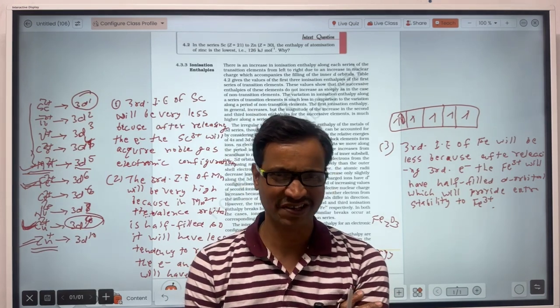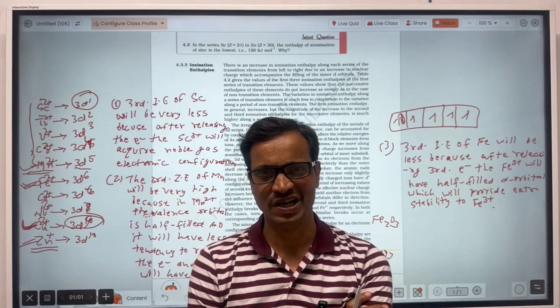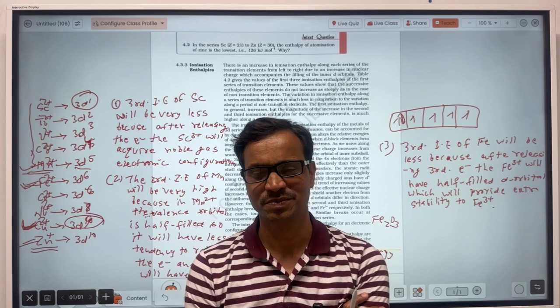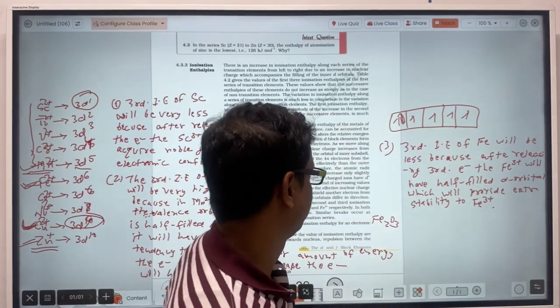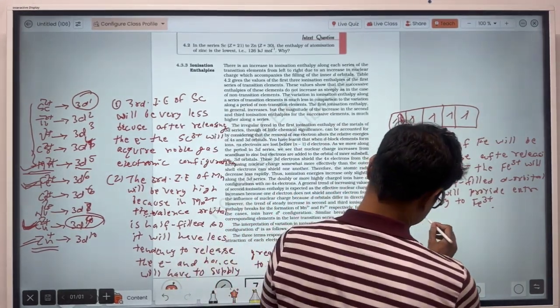I have taught you earlier also, zinc shows only one oxidation state, that is Zn2+.